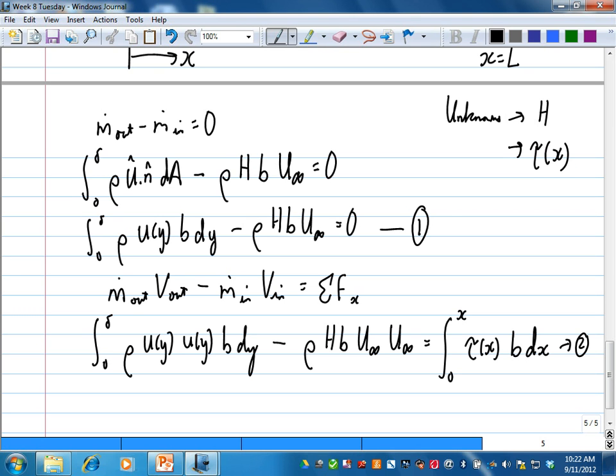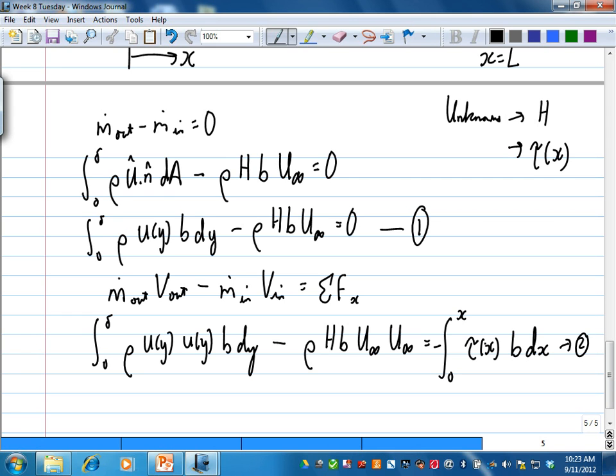Actually the B will cancel out. But the B is the depth into the page. So the area is B times dy. Here is this times B. And here the force is shear stress times area. Okay? Actually it's a minus here.